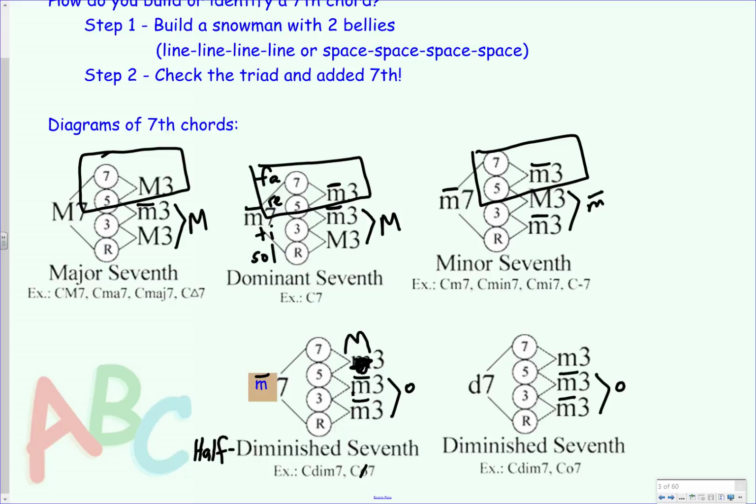So really the only difference between the dominant 7th and the minor 7th is the quality of the triad itself. In the dominant 7th, you have a major triad. In the minor 7th, you have a minor triad.